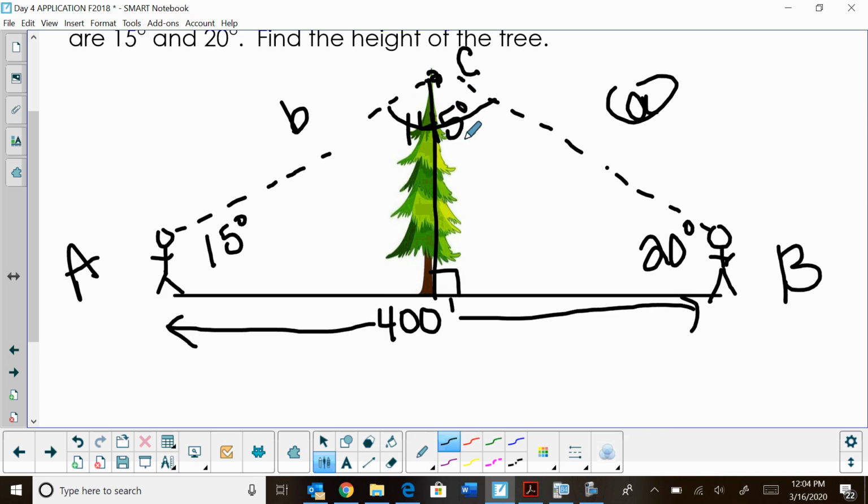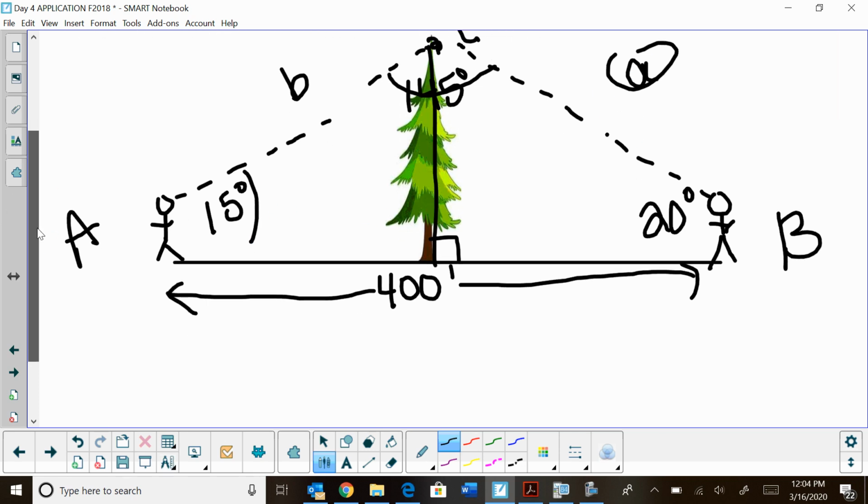Now I can use the 145 with the opposite side, this entire side of 400. Then I can set it up as a law of sines with 15 and a. And that's going to give us part of this right triangle over here we need to work with, because we've got to find this height. So that's what I have to work after I do this first step.